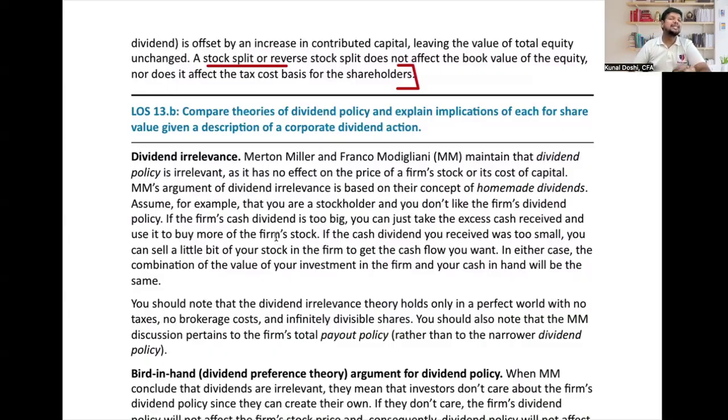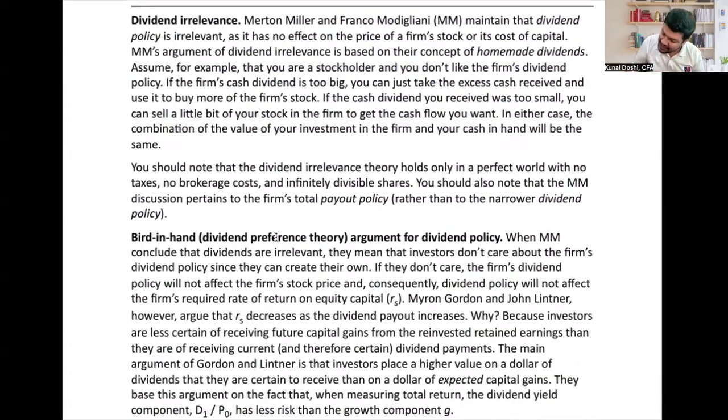So we are going to understand what are the theories for paying or not paying of dividends, right? So there are three major theories which will determine why companies either pay or don't pay the dividends. Very easy, but very interesting. One is the dividend irrelevance theory by Professor Merton Miller and Franco Modigliani. This theory was called the Modigliani-Miller theory, right?